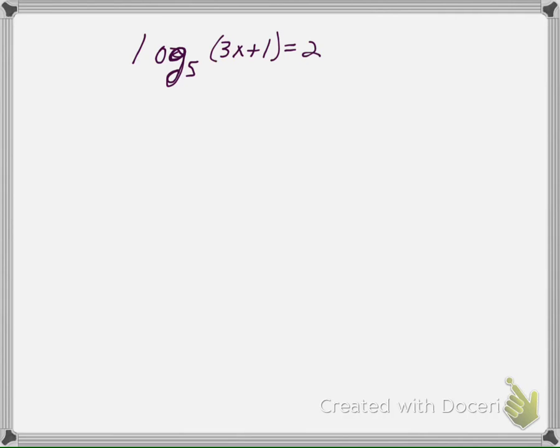5, yeah. So remember, if the bases match up, they undo each other, right? They're inverses. So if I had a 5 as my base, and I raised it to that power. See, now I have a situation that can be helpful.